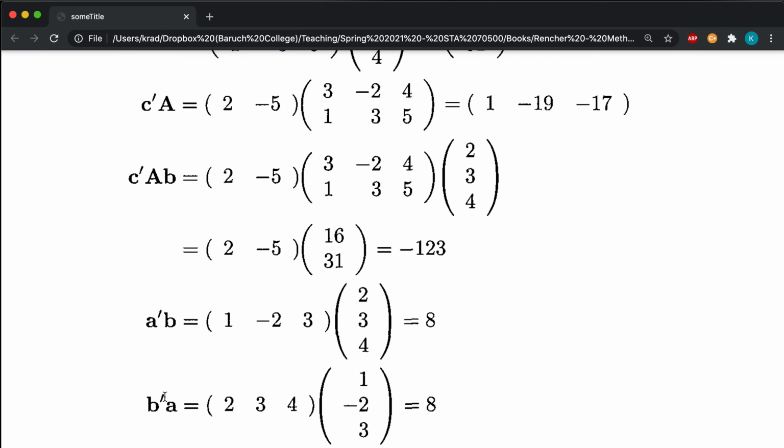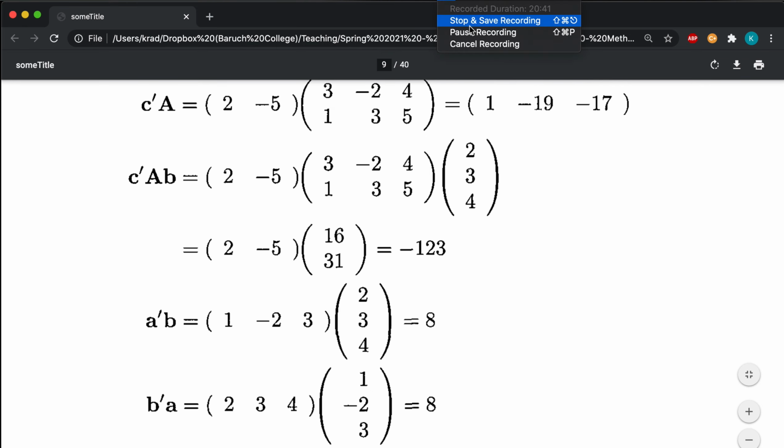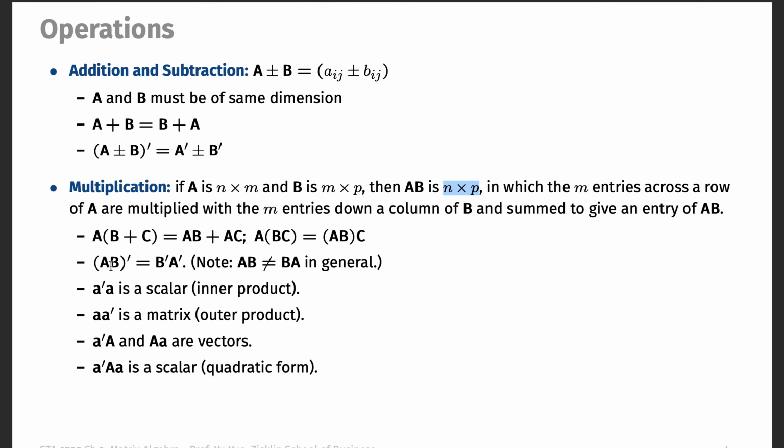And B transpose A. So A transpose B is the same as B transpose A. It's always the case, right? Remember, AB transpose is B transpose A transpose. So if AB is a scalar, it is just a number.